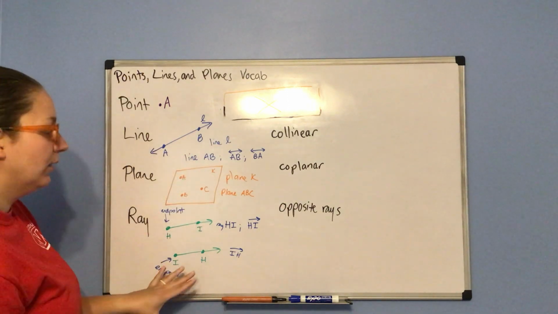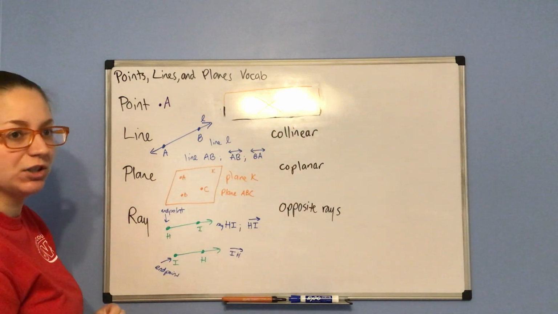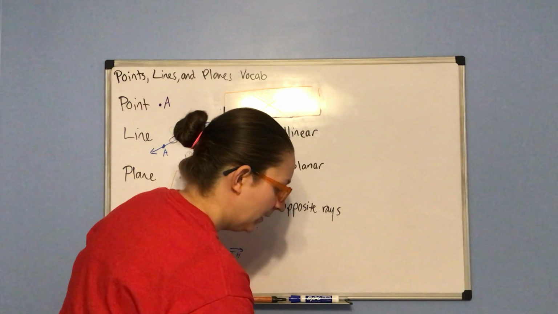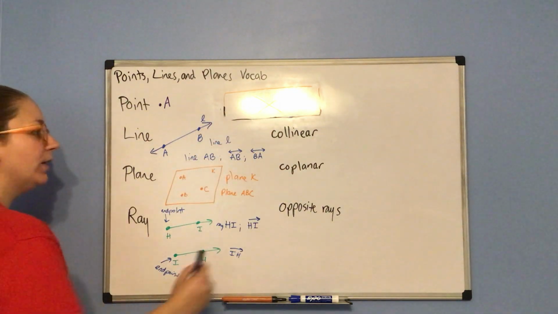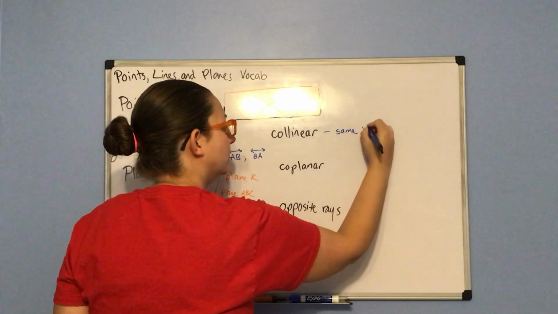So that takes care of all of our figures we're going to talk about for now. Now we need to talk about some relationship words. The first one is collinear. If 2 points are collinear, that means they are on the same line.